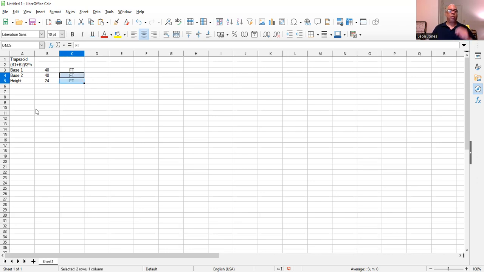When you're out there in the field, you're going to be measuring something trapezoidal. What is the area of the trapezoid in square feet?